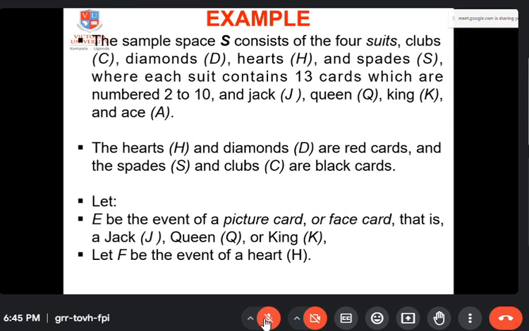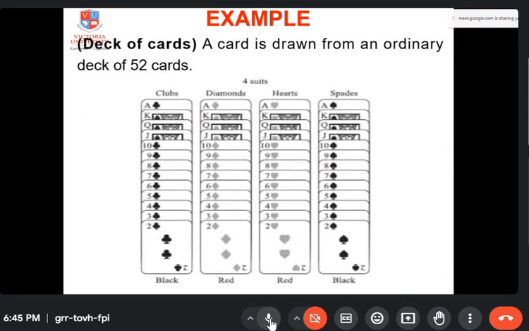Are you sure? Are they 4 or each suit has 4 pictures? What are the 4 pictures? I think A is not a picture.